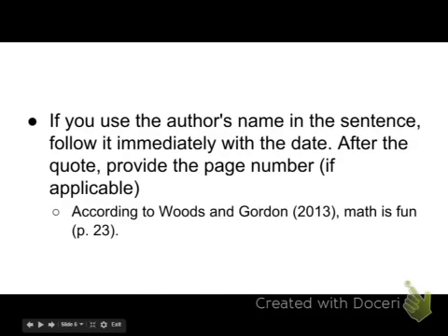So what you do is, after you put the author's names in your sentence, you immediately put the date in parentheses after. Then you carry on with whatever your quote or your paraphrase is, and then you end it with the page number. And if there's not a page number, then you just leave this part off entirely, and it just looks like Woods and Gordon 2013 paraphrase.